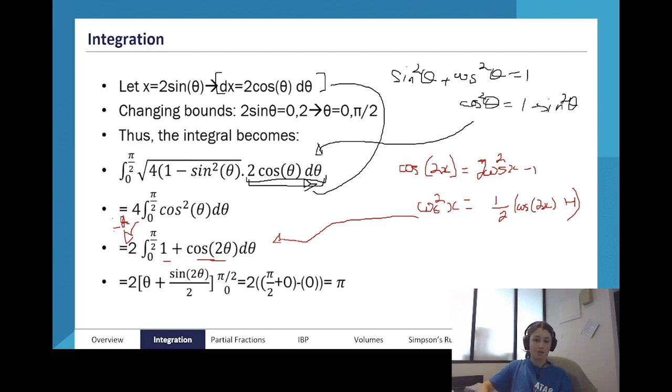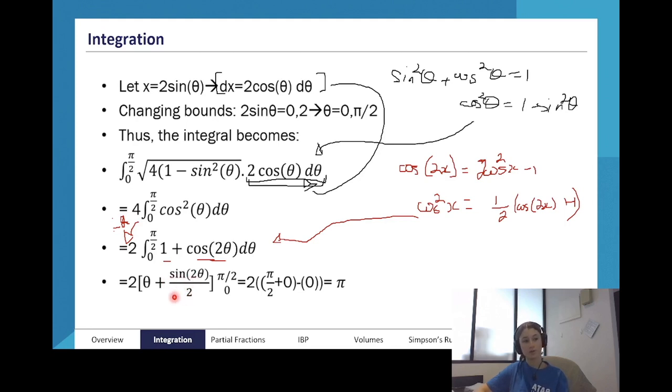And we can just apply our definite integral rule. So we're going to keep the 2 out the front. We've integrated, so the integral of 1 with respect to theta is theta. The integral of cos 2 theta is going to be sine 2 theta divided by 2.